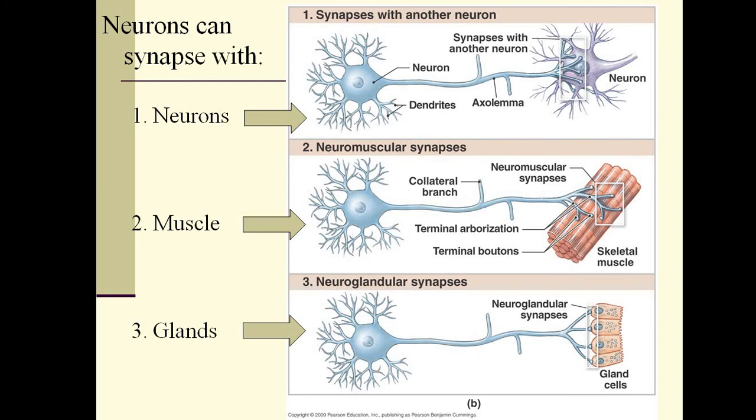For example, when we keep our hands on something hot, it activates the sensory neurons. These neurons send a message to the brain, and that makes you aware of the heat. Then we also have motor neurons.